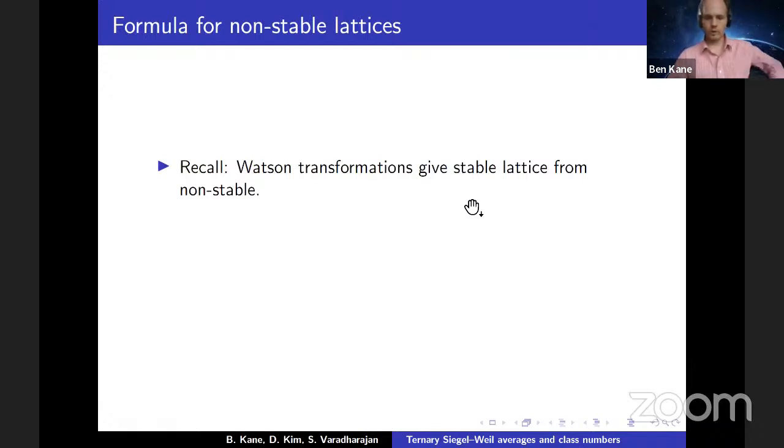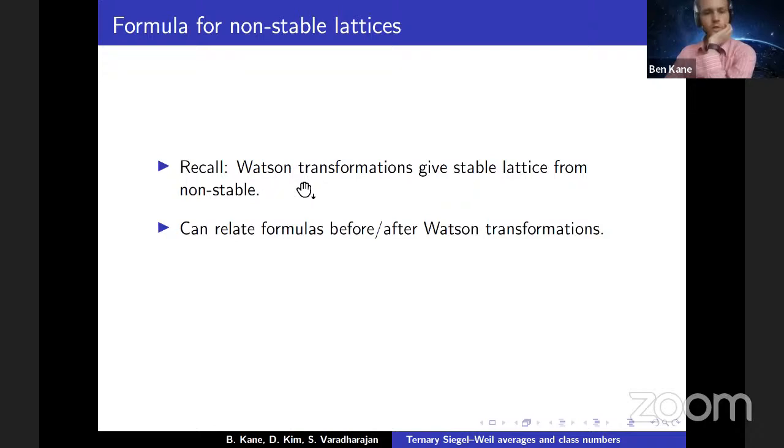Okay, so now you might ask, what happens with non-stable lattices? Jones doesn't have this restriction with stable lattices, so seemingly something must be similar there. So in this case, we're going to use the fact that the Watson transformations will reduce us from a non-stable lattice to a stable lattice after finitely many steps.